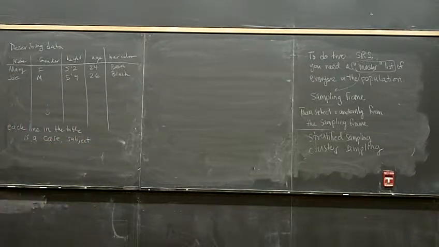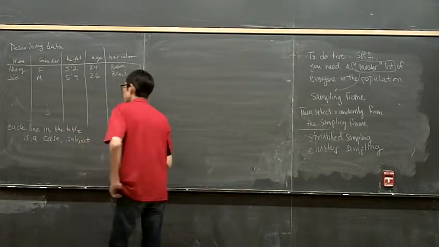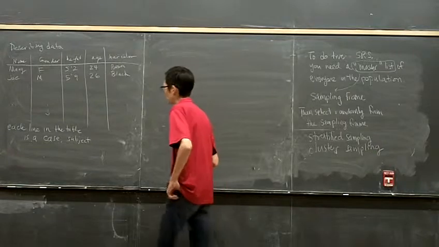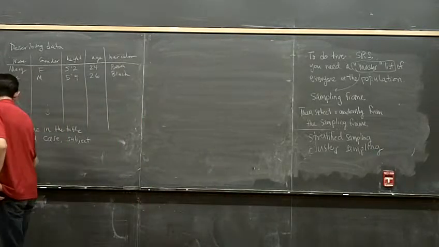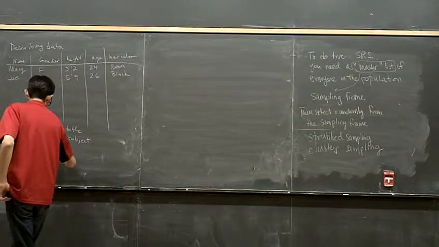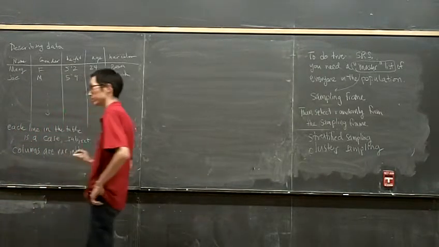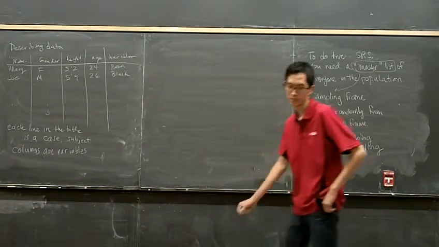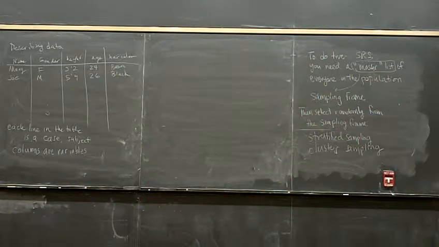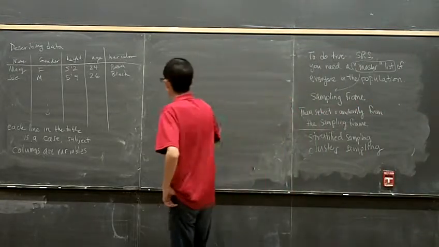Case or subject. And the columns are variables. So the columns are variables, and we have two types of variables.